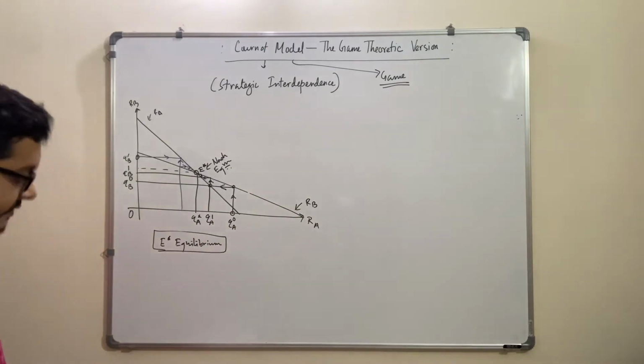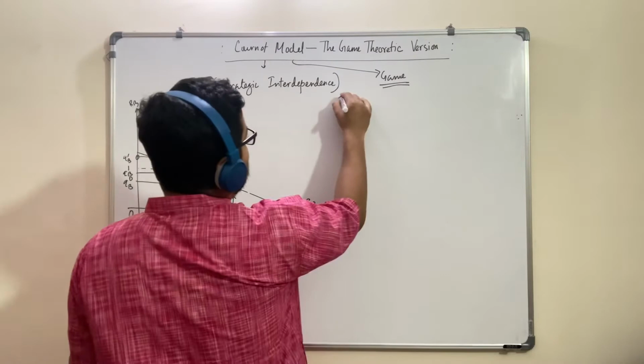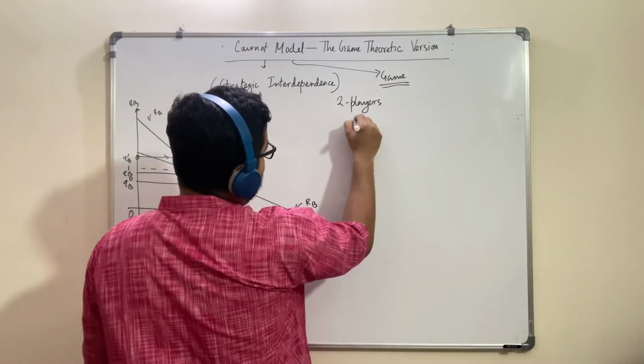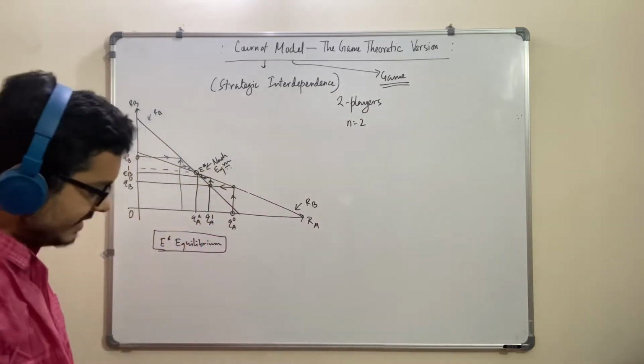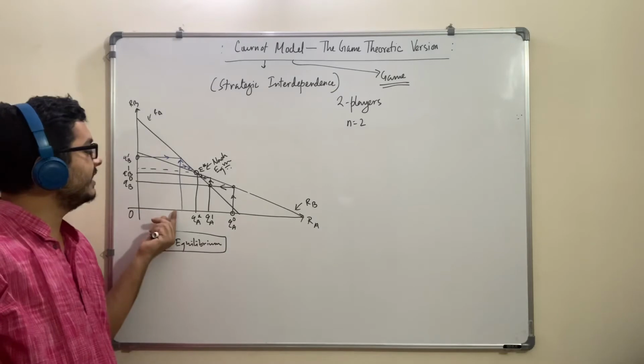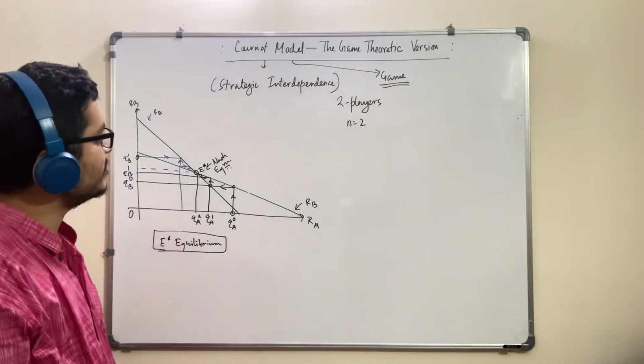Now we have two firms, so definitely there are two players, so n equal to 2. Then we see that they are not going for a joint profit, so there is no collusion.